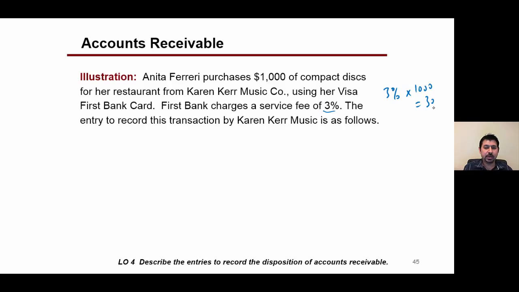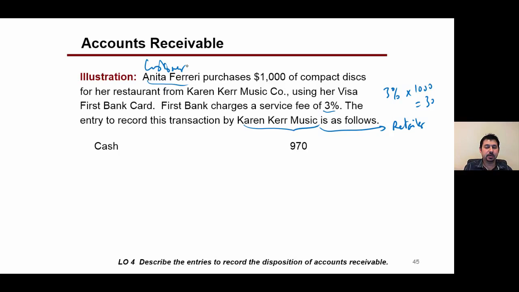As a result, cash will be debited 970. Karen Kerr Music is the retailer, and Anita Ferreri is the customer.